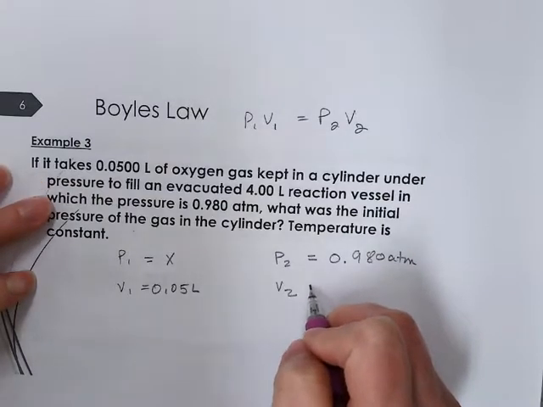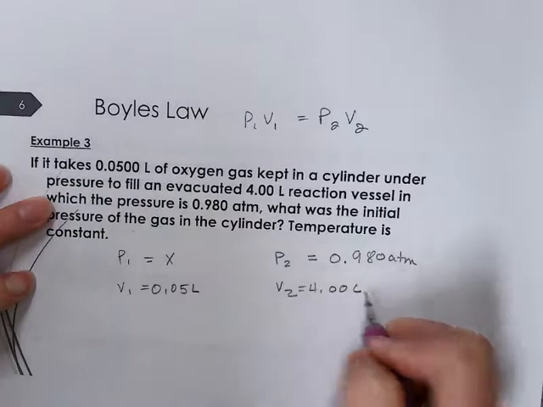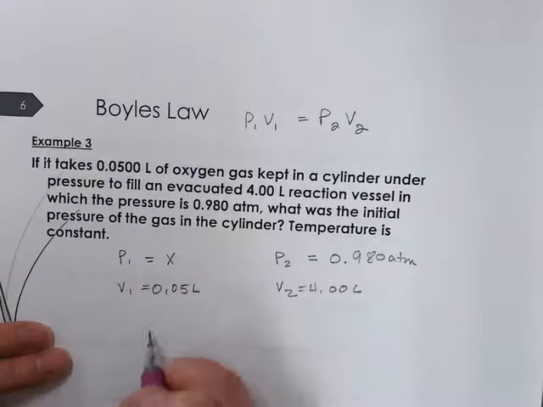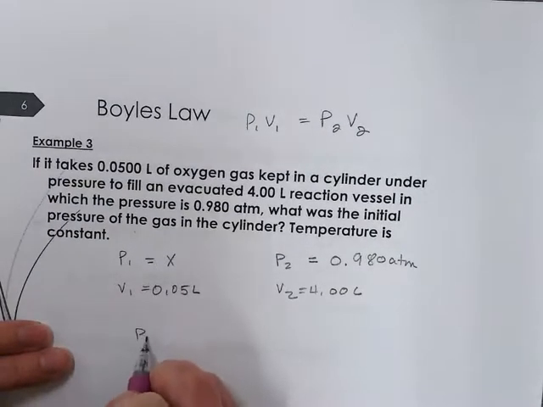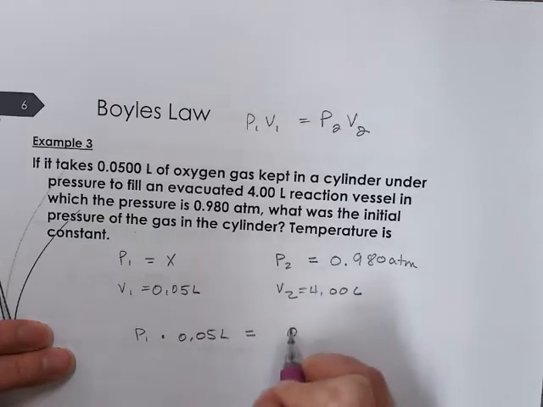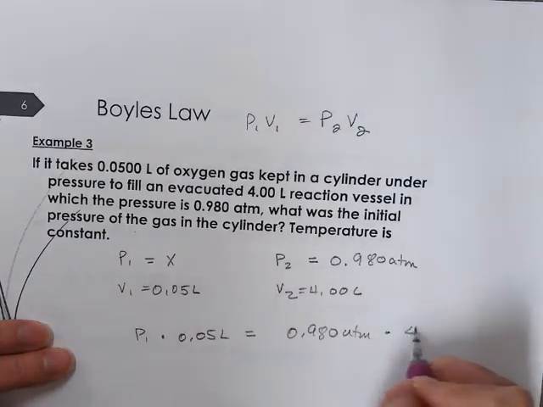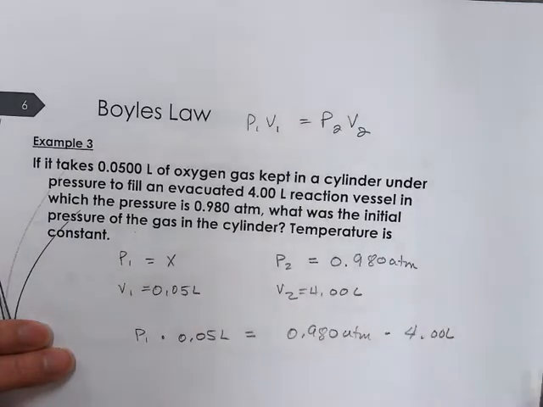It takes oxygen kept in 4 liters. Oops. All right. So we have P1 or X times the 0.05 liters is equal to the 0.98 atmospheres times the 4 liters.